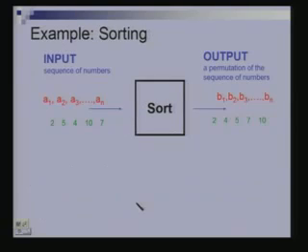Okay, so we need to take an example now. I'll take an example of sorting. You all know what sorting is. The input is some sequence of numbers. Output is a permutation of the sequence, which is in non-decreasing order. Okay? So if this were my input, this should be my output.